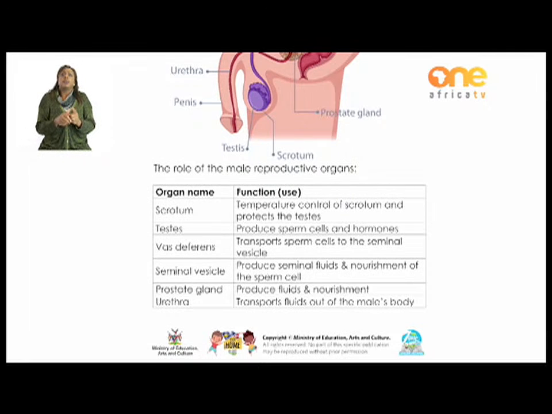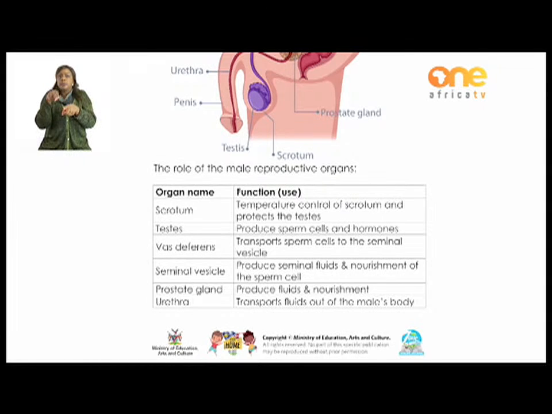And once they have been produced, then the sperm cells and hormones must travel through the vas deferens to the seminal vessel. And the seminal vessel will then produce seminal fluids and nourishment of the sperm cell. So the sperm cell will need nourishment to keep it alive and healthy.